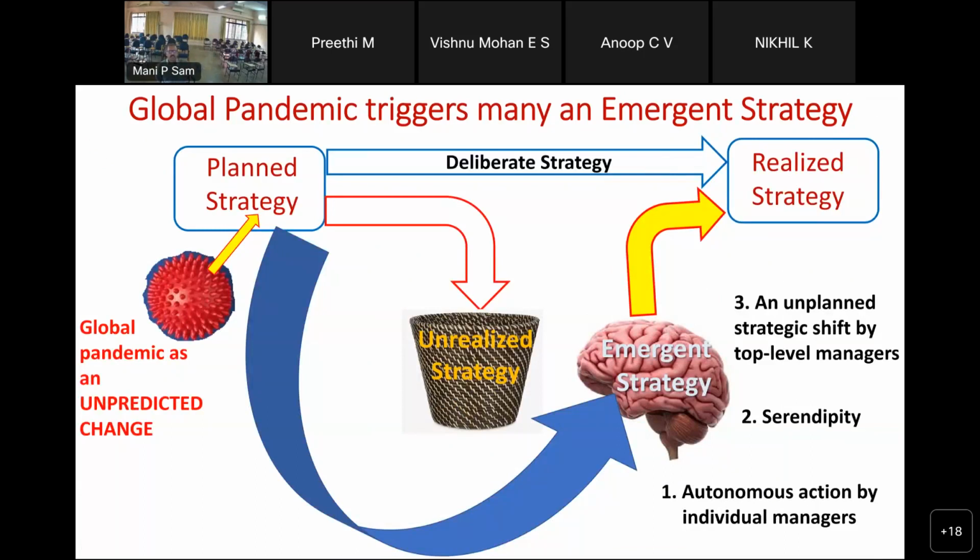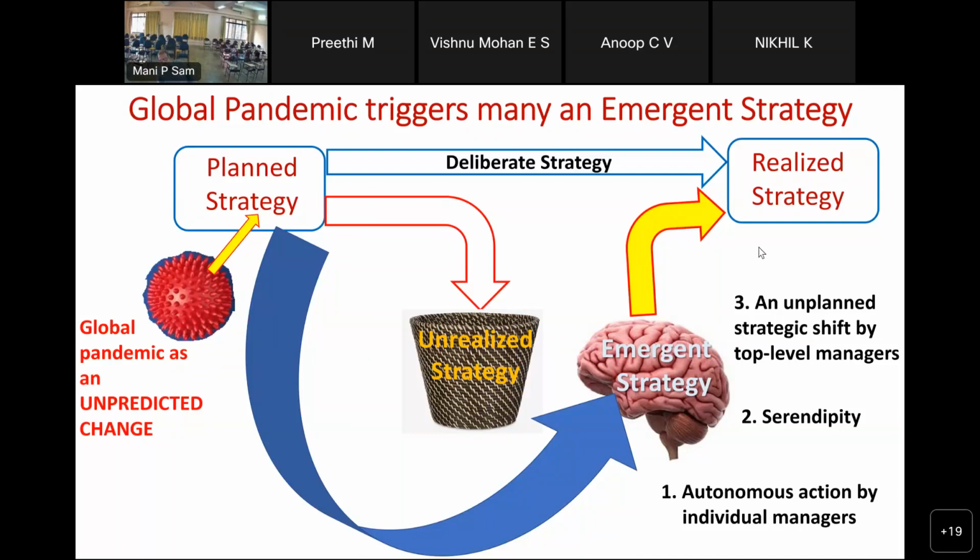As a result, all the planned strategies had to be dumped into the dustbin, and very few of the planned strategy became a realized strategy. Emergent strategies had to be developed, which became really important for all those who have done well during this pandemic.